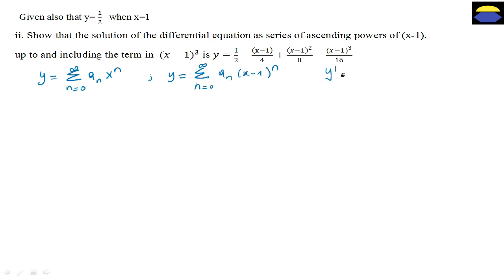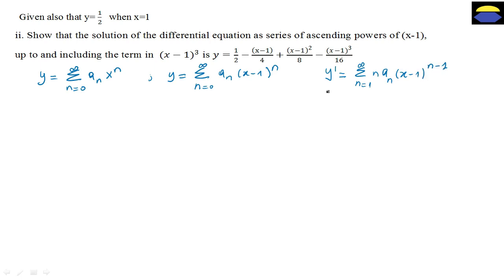So we can have the first derivative that can be written as such. So the sum, now the first derivative is going to start from 1. You can check from your notes. If we derive once, we'll lose a term. So from n equals 1 to infinity, we'll bring down the n, a sub n (x minus 1) to the power n minus 1.